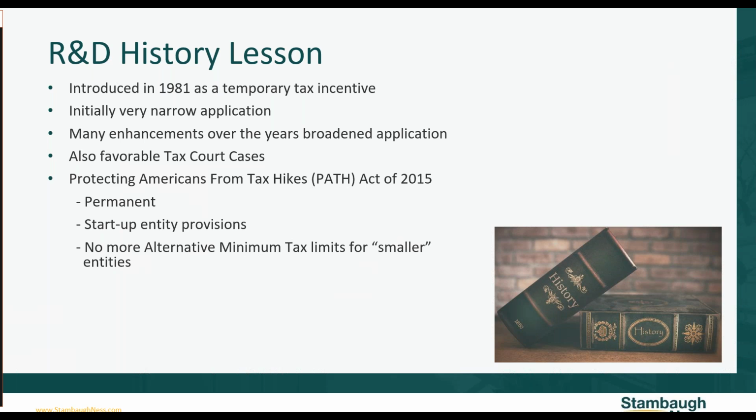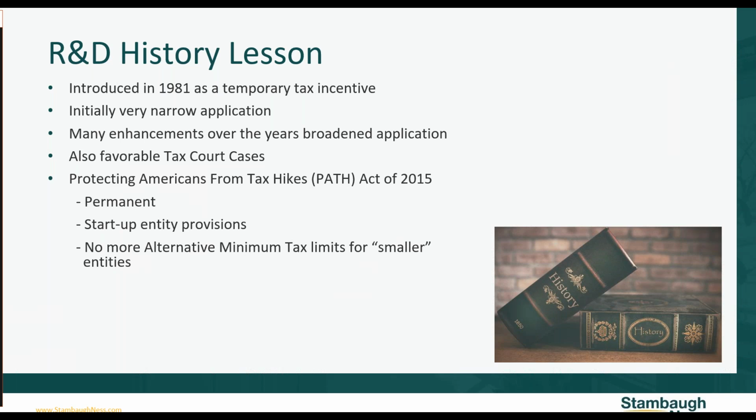But if you're like most firms and you're well established, the big news was the credit can now be used against the alternative minimum tax. And we could spend a couple hours talking about the alternative minimum tax and we probably still wouldn't understand it. But the fact of the matter is over the past several years, more and more companies and their stockholders became subject to the AMT, and the AMT precluded use of the R&D tax credit to offset it.